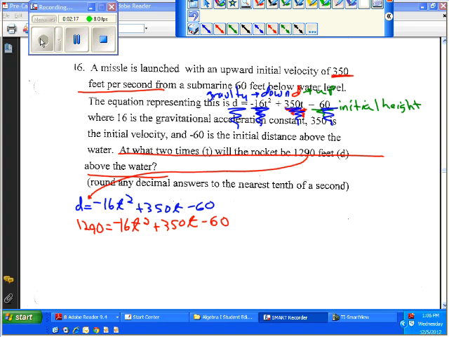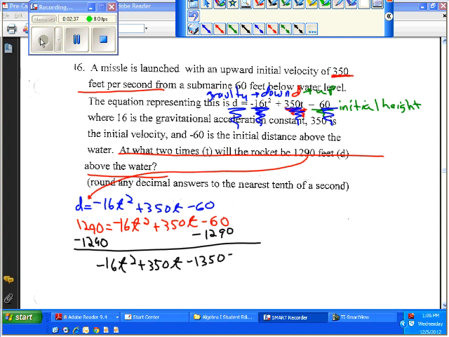But before you solve a quadratic by any method, you must first do what? Get it equal to 0. That's putting it in standard form. So we would subtract 1,290, which would give us negative 16t squared plus 350t minus 1,350 is equal to 0.